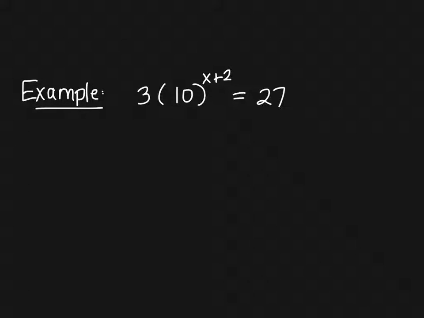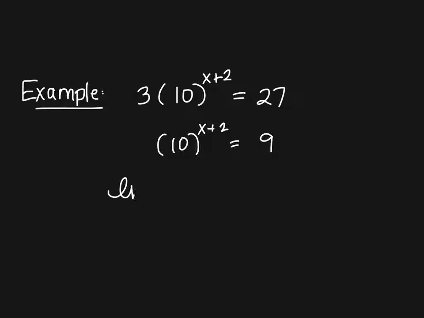What's our first legal move? Divide by 3. I cannot have anything in front of the parentheses, so that gives me 9. Where's the x? In the exponent. Where do I want it to be? In the front. How do I make that happen? With an ln.